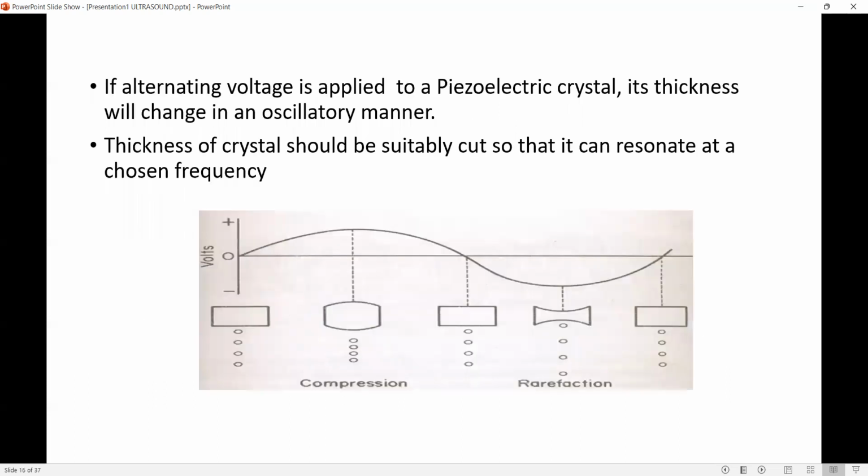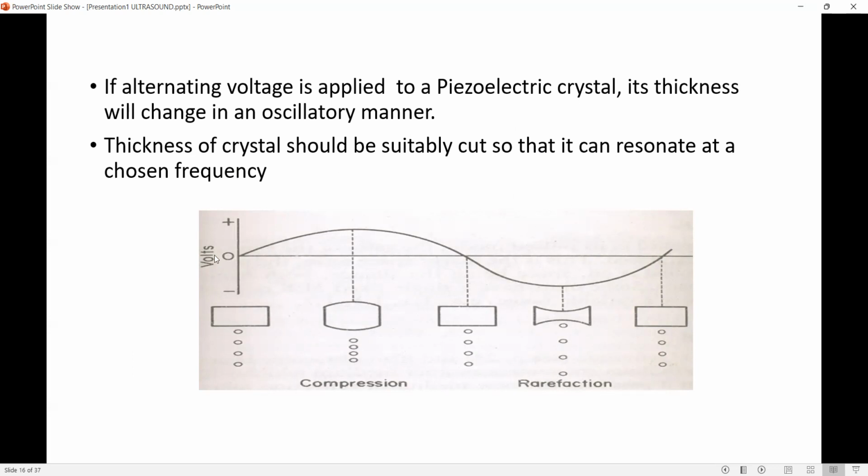If an alternating voltage is applied to a piezoelectric crystal, its thickness will change in an oscillatory manner. The thickness of the crystal should be suitably cut so that it resonates at a chosen frequency.